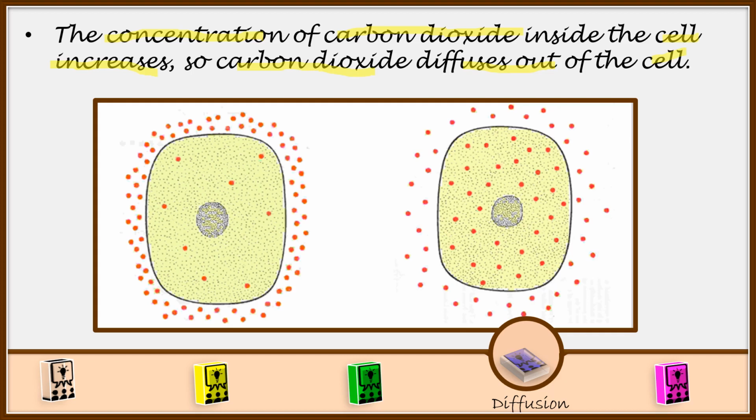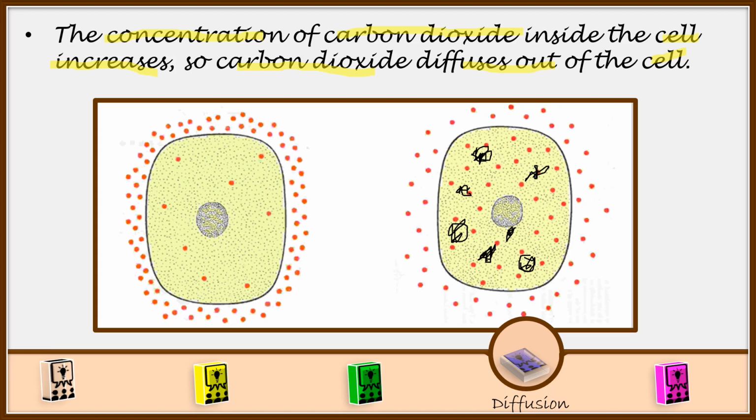So we have seen that the oxygen taken inside is used during the process of respiration, and when respiration takes place, we end up producing carbon dioxide. And as carbon dioxide is produced in the cell, its concentration goes on increasing.